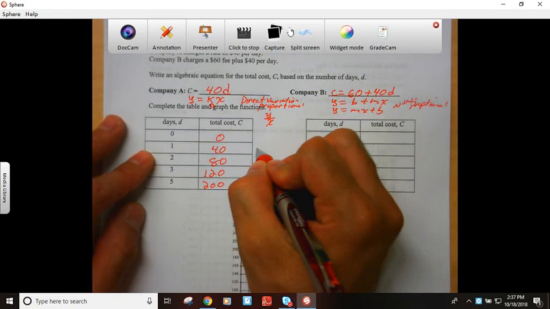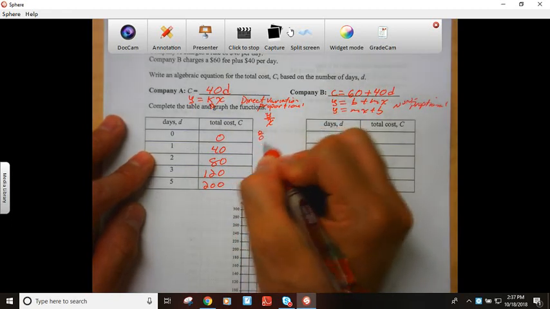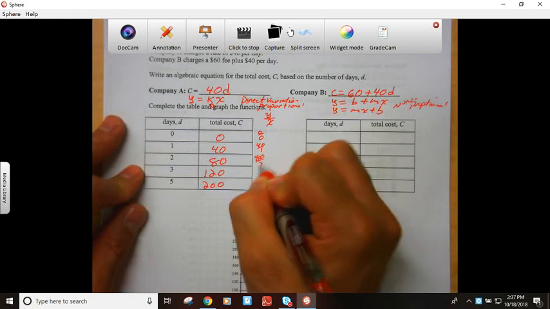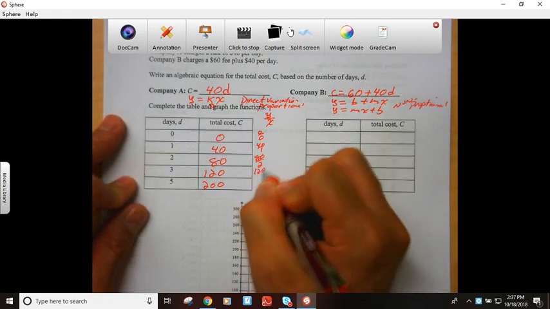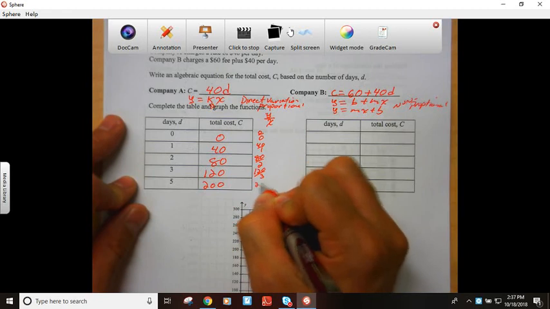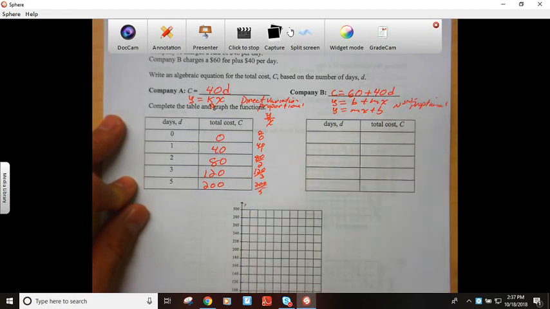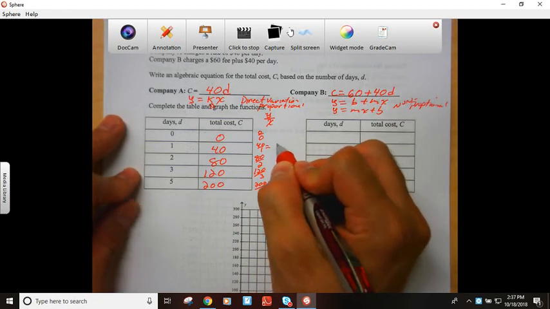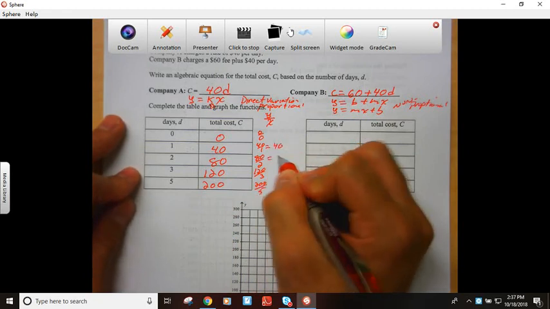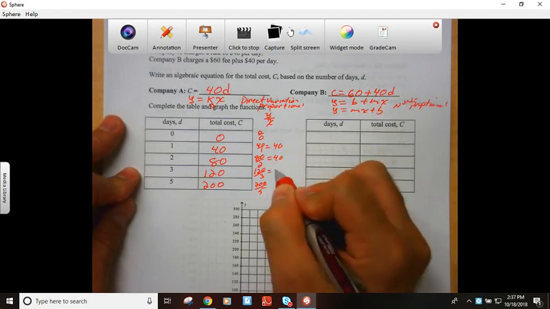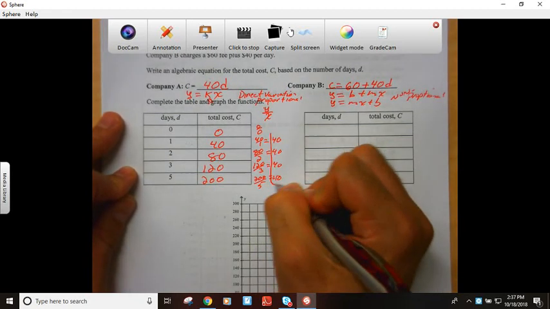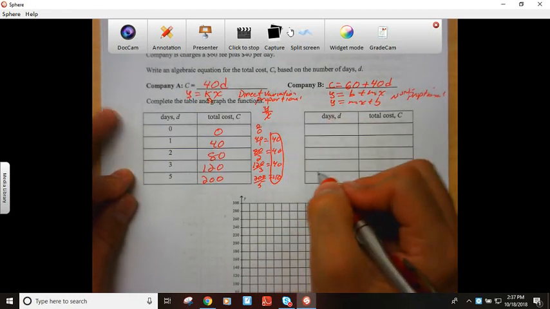So we're going to set up our ratios: 0 over 0, 40 over 1, 80 over 2, 120 over 3, and 200 over 5. When we reduce our ratios, 40 over 1 is 40, 80 over 2 is 40, 120 over 3 is 40, and 200 over 5 is 40.